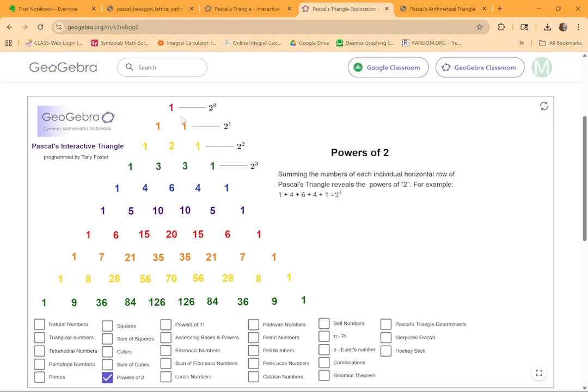So 2 to the 0 is 1. 2 to the first power is 2, so that's 1 plus 1. 2 squared is 4, so 1 plus 2, 3 plus 1 is 4. 2 cubed is 8, so 6, 7, 8. And so on, just moving along.